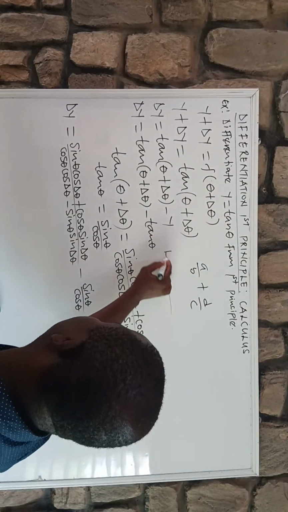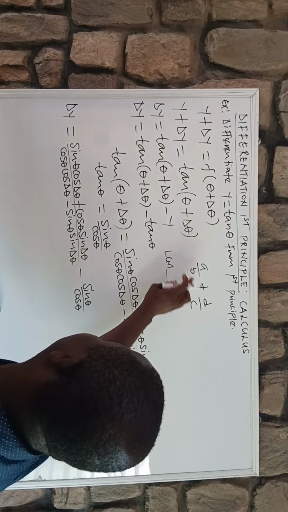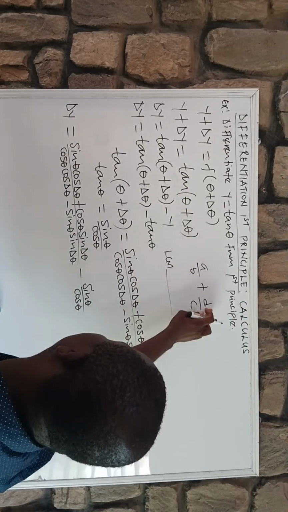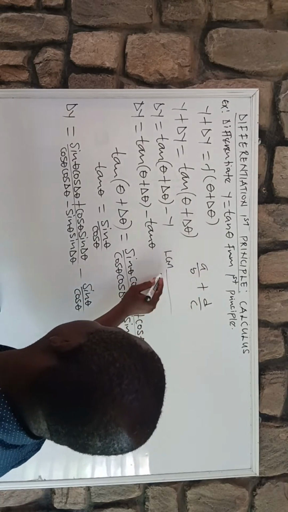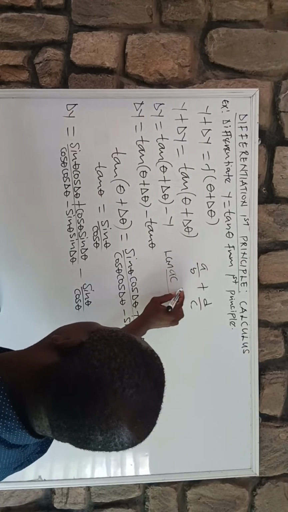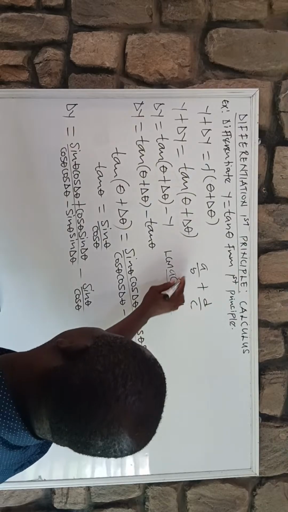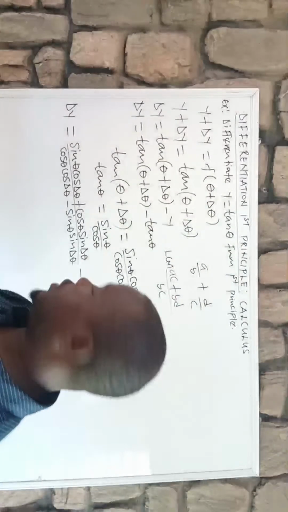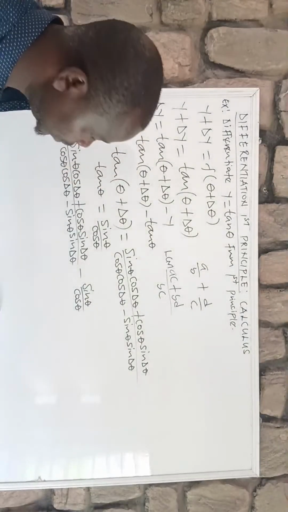The LCM, right? And the LCM of B and D, you use this to multiply this, and use this to multiply this. So D times A is AD plus B times C is BC, then all over B times D, BD. True or false? So that is what we are going to do here.